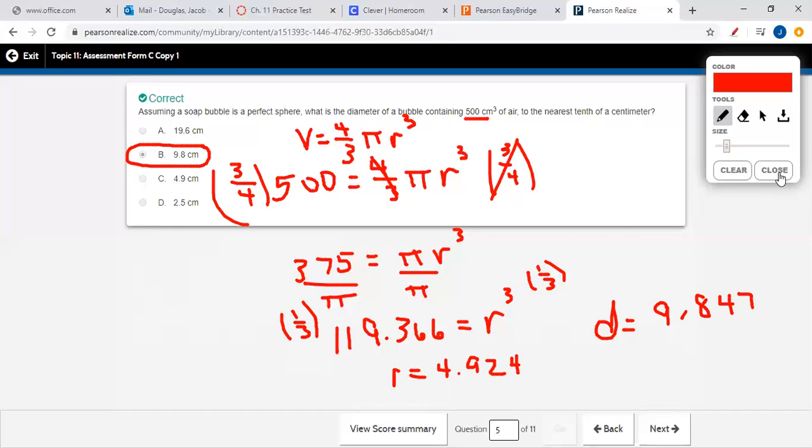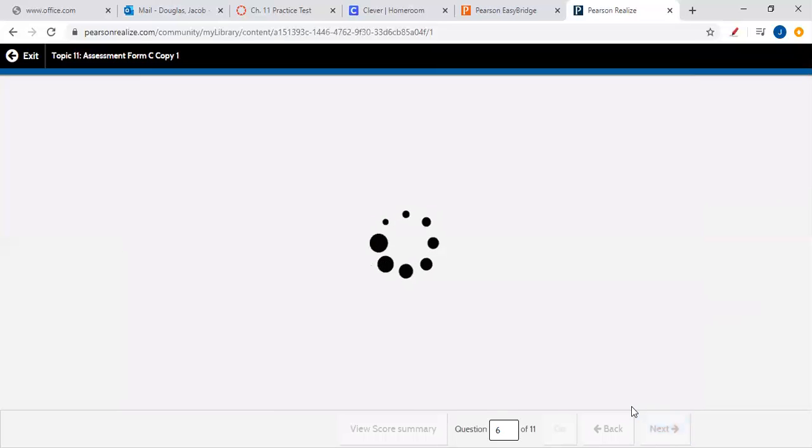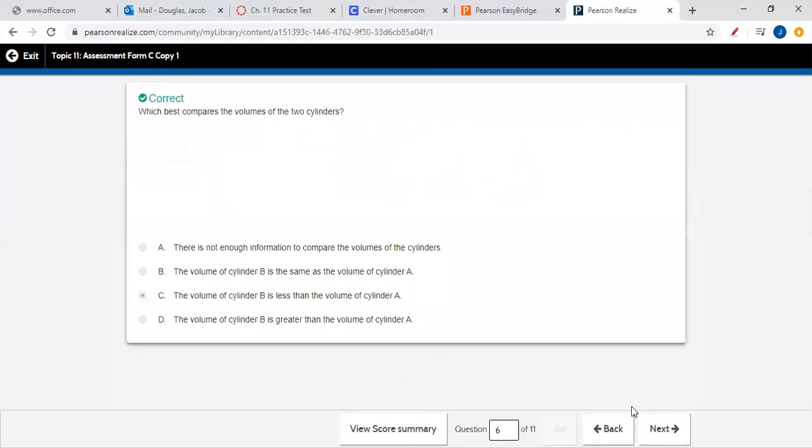All right, so number 6. This says, which best compares the volumes of the two cylinders? All right, so this is another question, and we've seen this quite a bit in chapter 11, that has to deal with Cavalieri's principle. Remember the principle says as long as your base area is the same and your heights are the same, it doesn't matter if it's slanted, straight vertical, or horizontal, when you're comparing the two shapes, you're going to have the same volume.